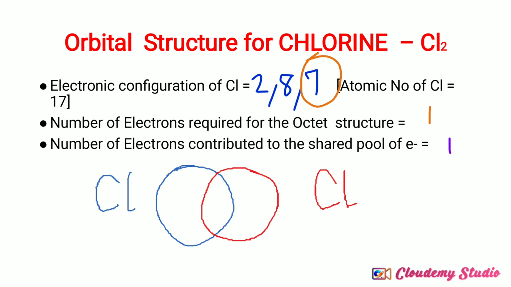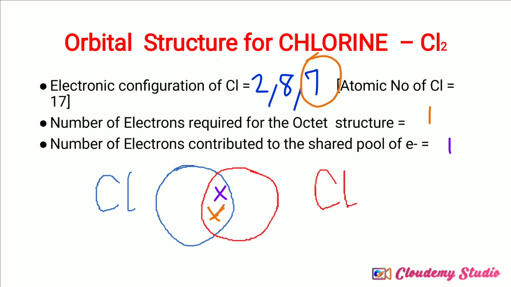Each chlorine atom has contributed 1 electron to the shared pool. The left hand side chlorine atom has contributed 1 electron, I have drawn 1 cross. The right hand side chlorine atom has contributed 1 electron, so I have drawn 1 more cross in maroon color at the shared pool, that is the common area between the 2 circles.